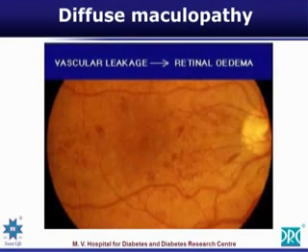Look at this color photograph: the disc is here, the macula is here, and the whole posterior pole, due to some unknown cause, has given way. It is not able to retain fluid inside the vascular system. The vascular system starts leaking a tremendous amount of fluid, and the whole macula becomes filled with fluid, and we call it diffuse maculopathy.